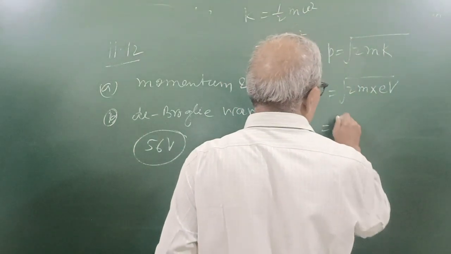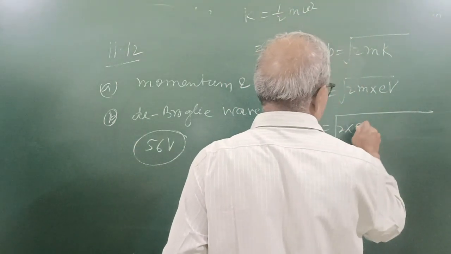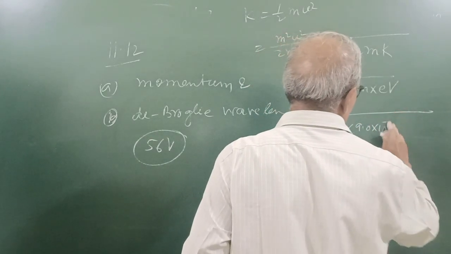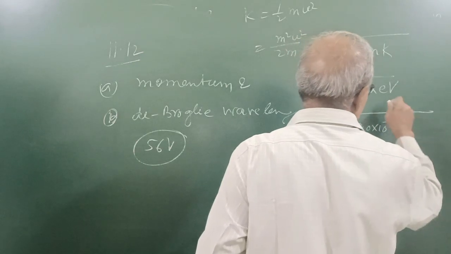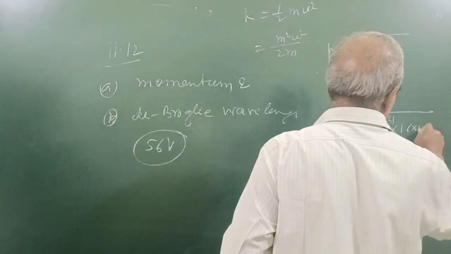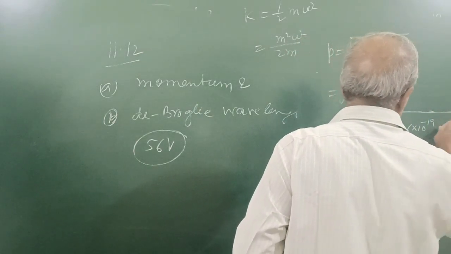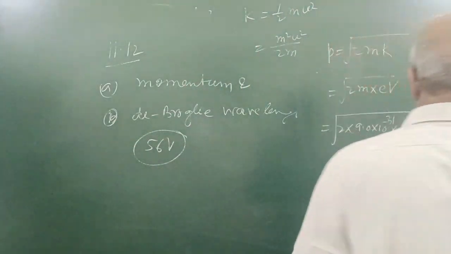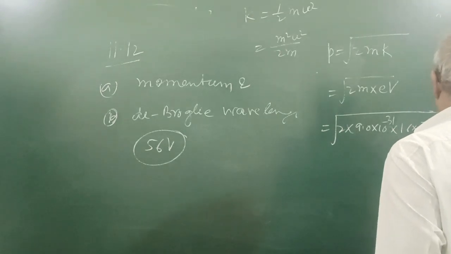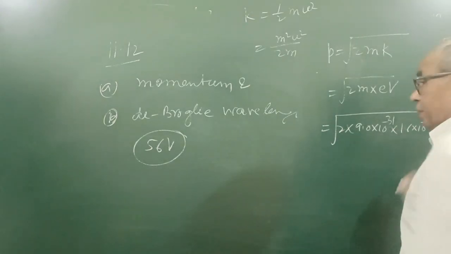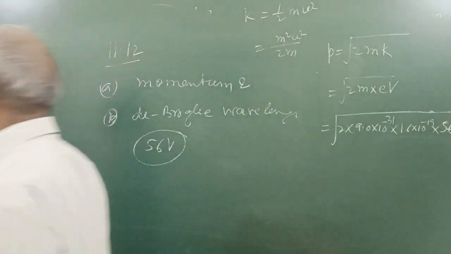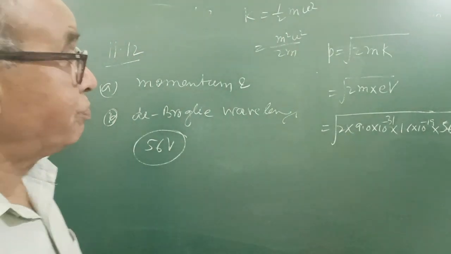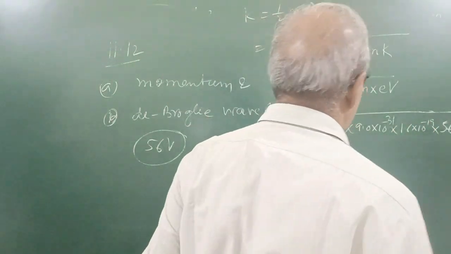So it is under root 2 × 9.0 × 10^-31 × 1.6 × 10^-19 × 56 volt. Why is this number 56 volt given? In the Davisson-Germer experiment, in which they practically verified the wavelength, they used this voltage.